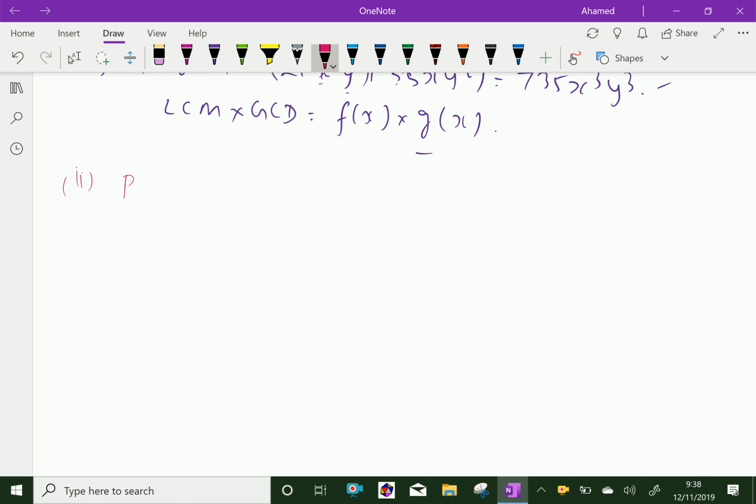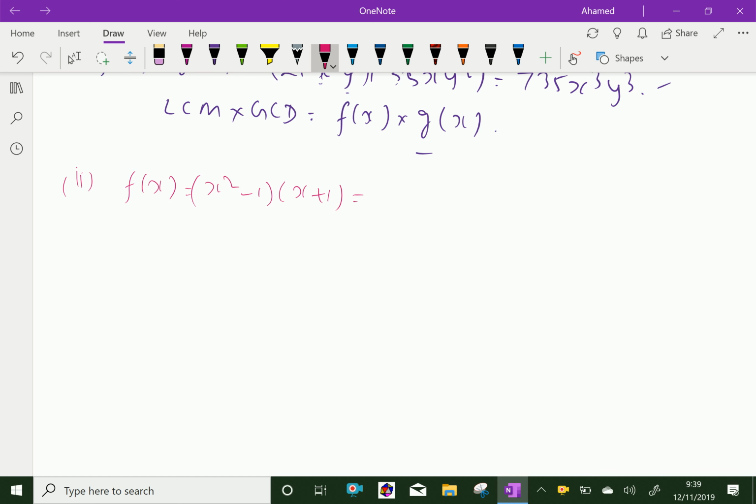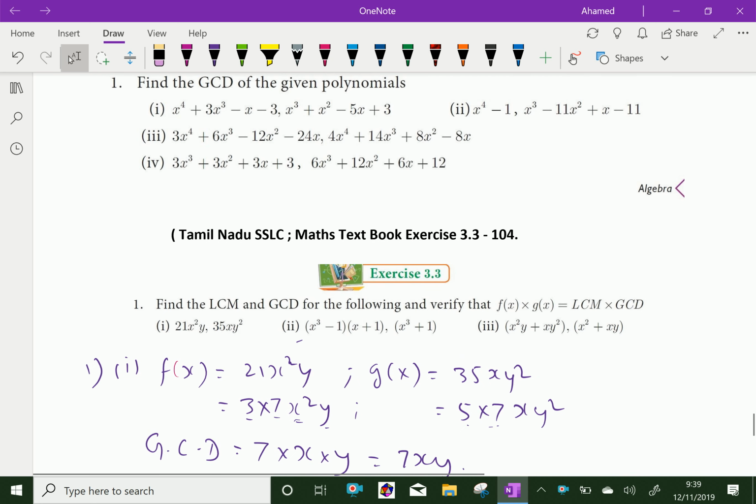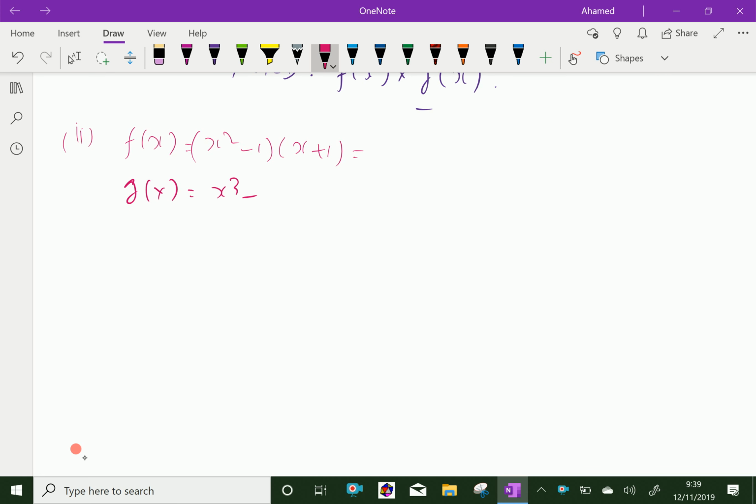Suppose f of x is x square minus 1, into x plus 1, and next g of x is x cube plus 1.